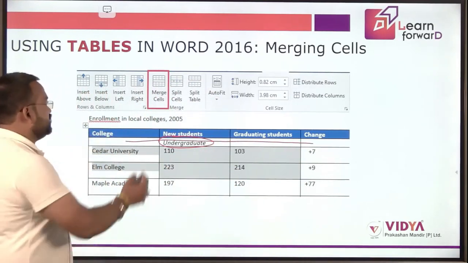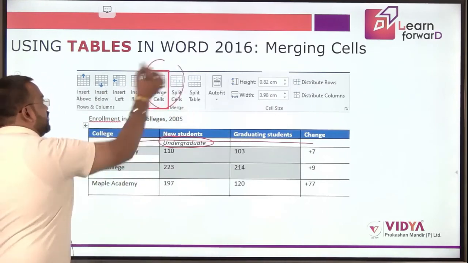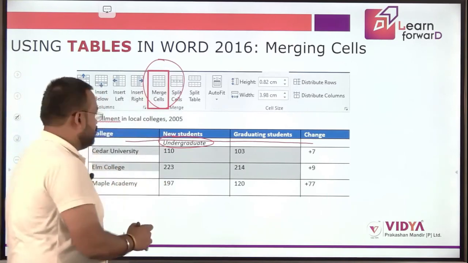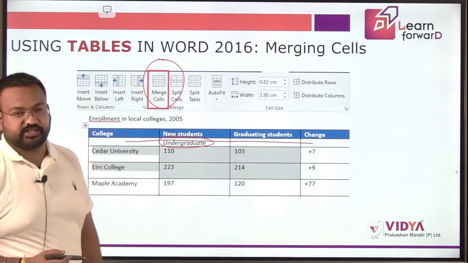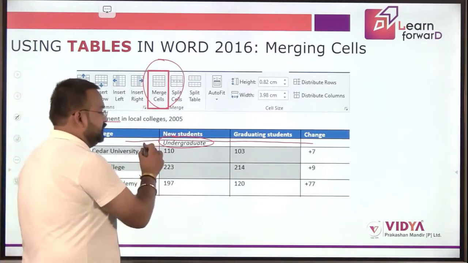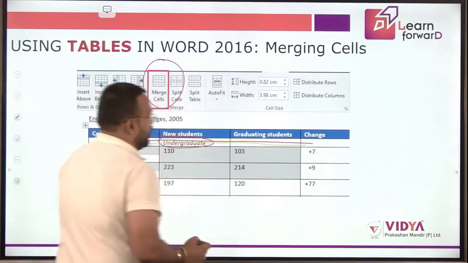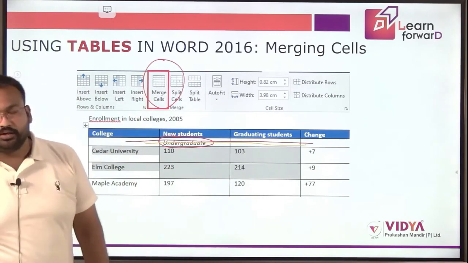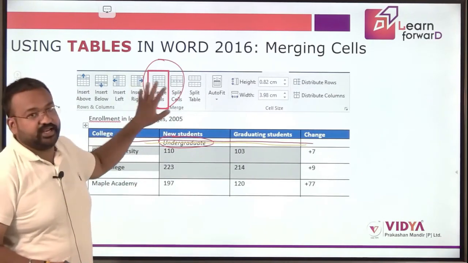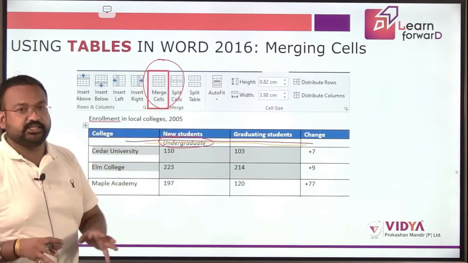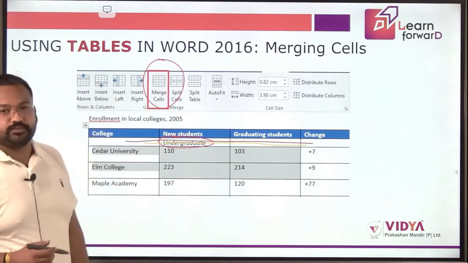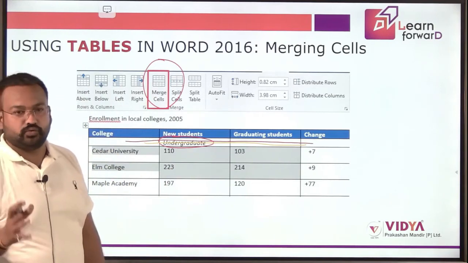So I can go to this merge cell option, and when I click on it, all these selected cells would be combined. For selecting this option, it is necessary that you first select the columns or the rows you want to combine.